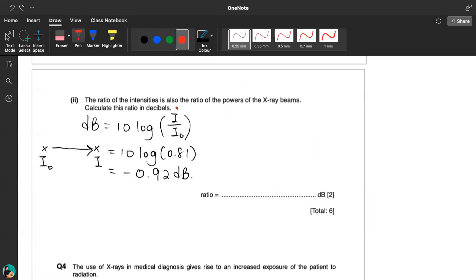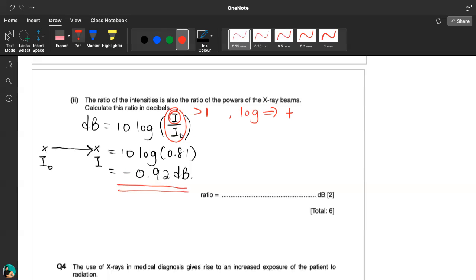Notice that in the log scale, if the fraction is more than 1, the log will be a positive value. You log anything more than 1, it will be positive. Positive simply means that your numerator, the transmitted intensity, is larger than the initial intensity. But here you see I get a negative in my ratio.